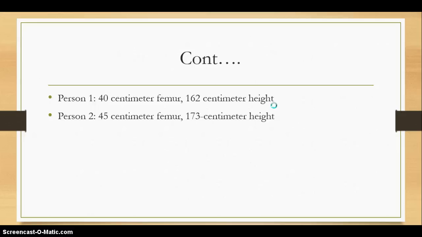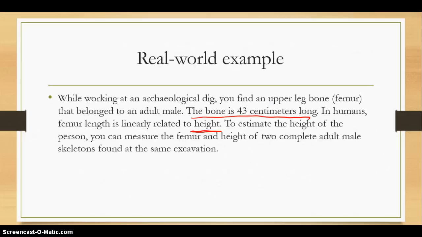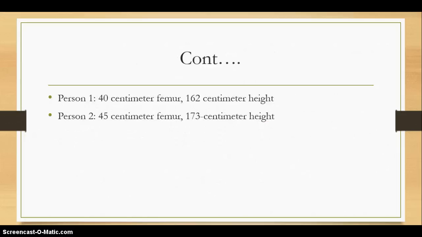Here's person 1. Their femur was 40 centimeters and the height was 162 centimeters in height. The second person from that same site had a 45 centimeter femur and they were 173 in height. So they want us to find out the height of somebody that had a 43 centimeter long femur.